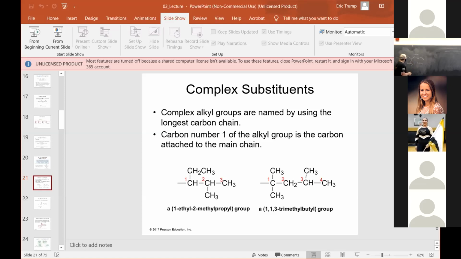And then I'm going to run out of space here. Okay, so on position number 4, we have a complex substituent. We have a substituent with substituents on it. Okay, so this is 1, 2, 3, no matter which way we go. So we would put that in parentheses.